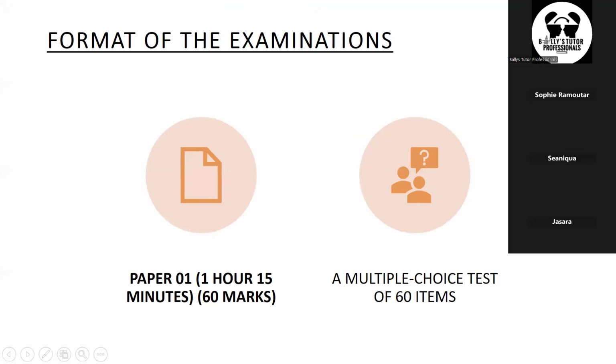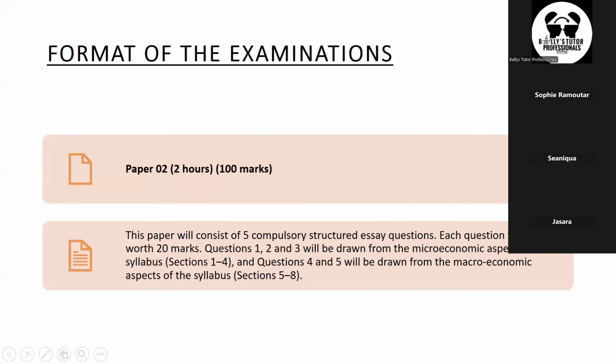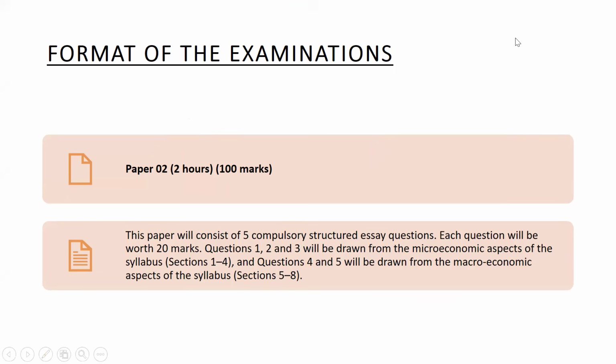The good thing about paper two, right? The first 3 questions in paper two are normally drawn from the microeconomics section. And then number 4 and 5 are from sections 5 to 8, the macroeconomics part, right?